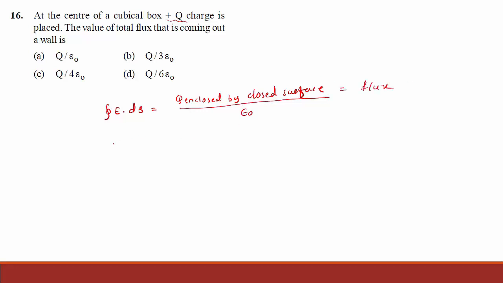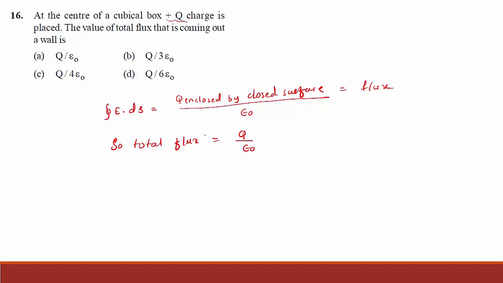So total flux will be equal to Q divided by epsilon naught.